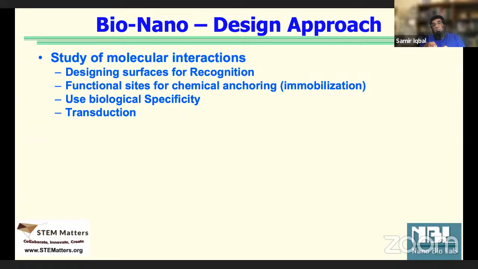Now, when we know they'll bind, we modify antigen to carry maybe the drug molecule, maybe another DNA sequence, which is going to do whatever sensing we are going to do. So we modify antigen then to carry and bring whatever we need to bring to study the molecular interactions.